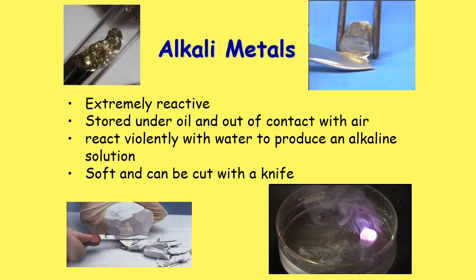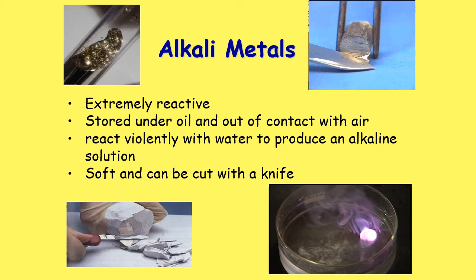They need to be stored inside oil because if they come into contact with air, they start to react quite quickly. And they also react really violently with water to produce an alkaline solution. That's where they get their name alkali metals from, because they produce alkaline solutions whenever they react with water. And some of them react really violently with water.